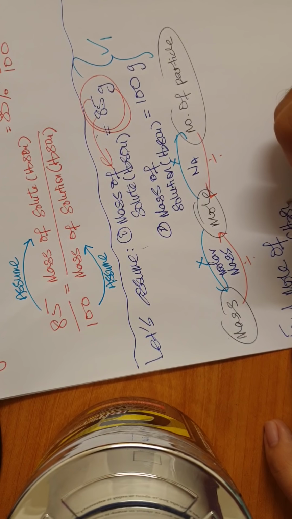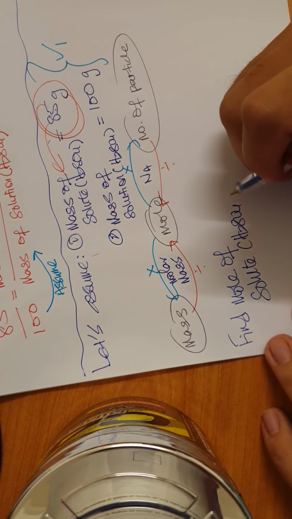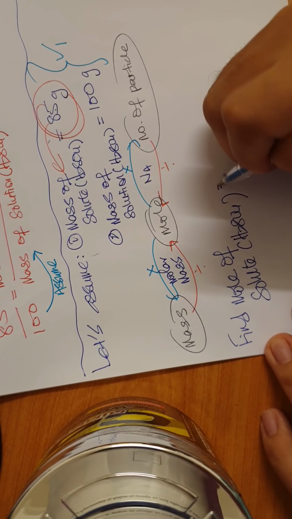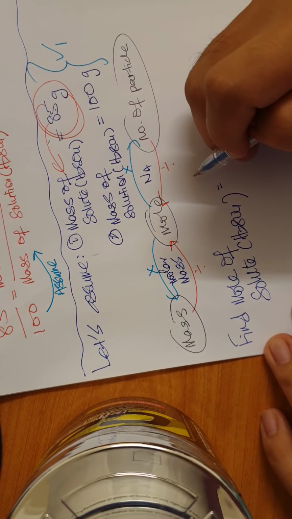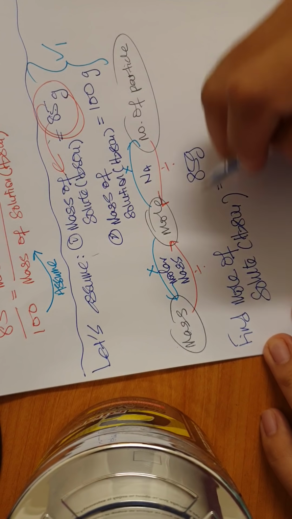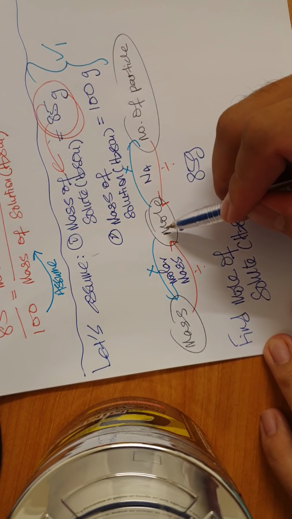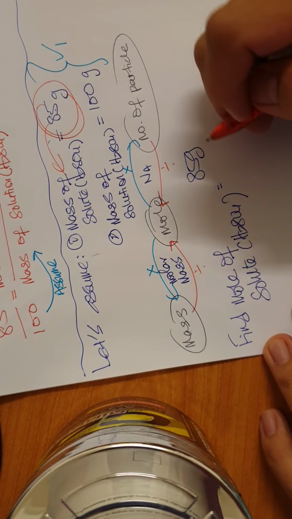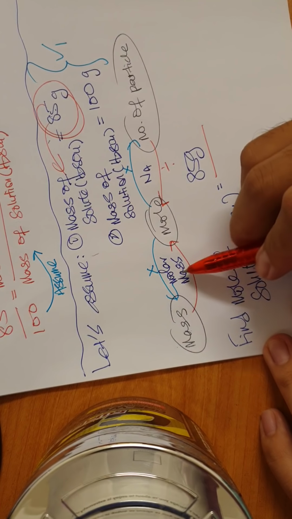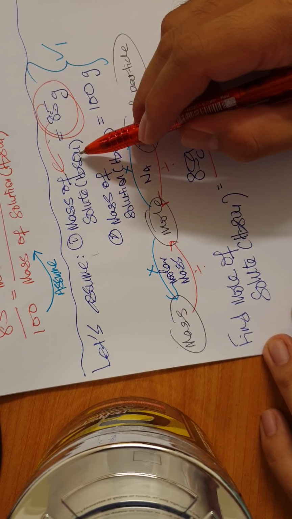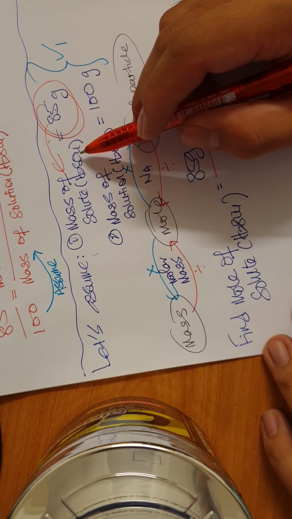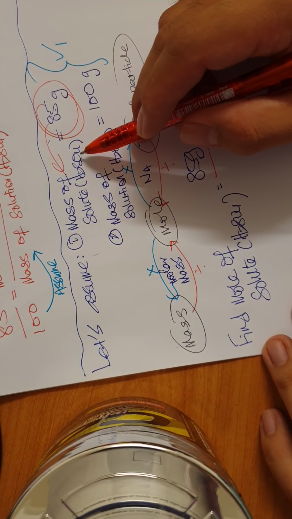So from this mass, to find mole of solute H2SO4, we already have mass 85 grams. We want to divide by the molar mass of H2SO4. So what is the molar mass of H2SO4? You can figure that out.